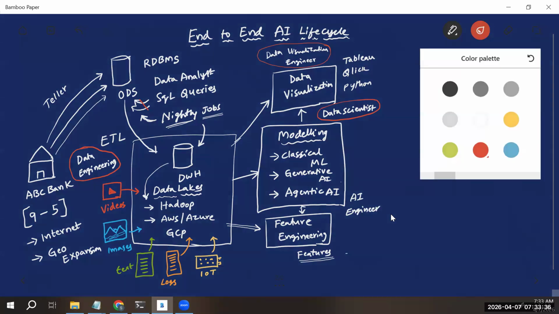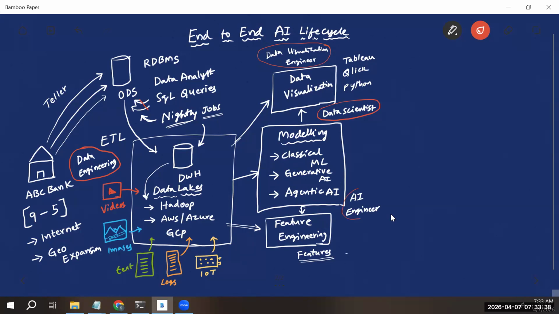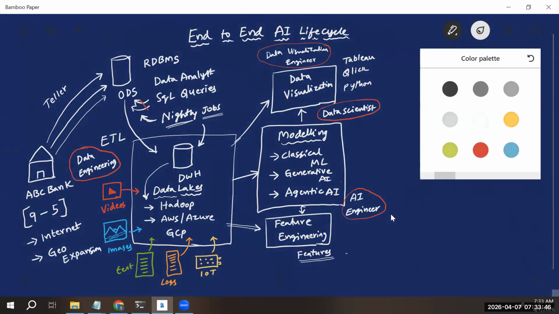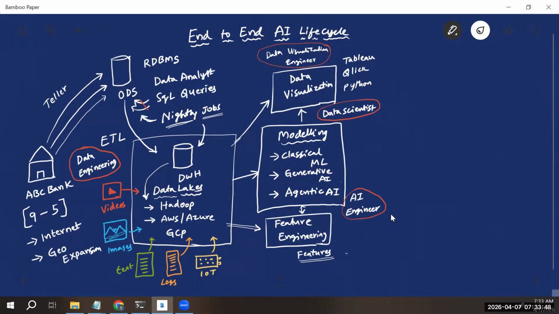Two different job roles, two different requirements. What they do is create these AI models.